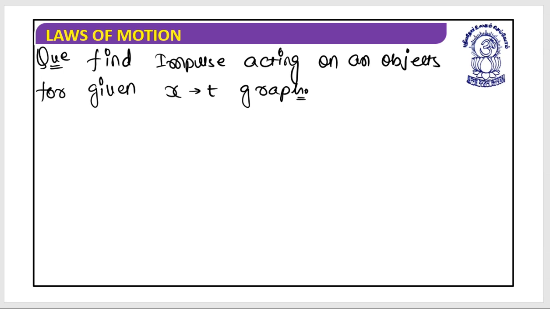So let's have a look. This is the x versus t graph that is given, and the graph is something like this.